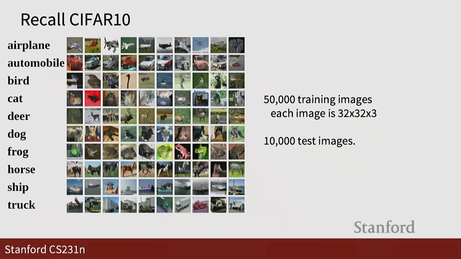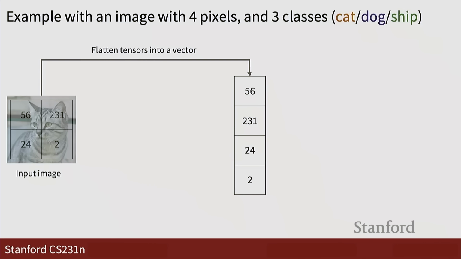To better understand what this mapping and this function is doing, let's go back to our example of CIFAR10 and our training and testing samples, and even make it a little bit simpler. Instead of looking at large images of 32 by 32, let's look at images of 2 by 2, an input image that has 4 pixels.